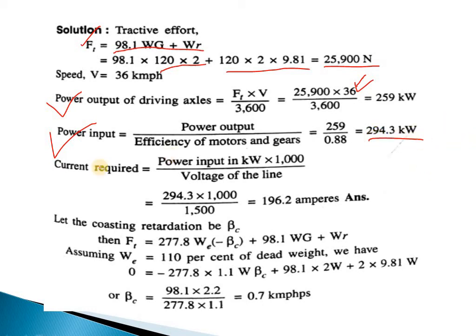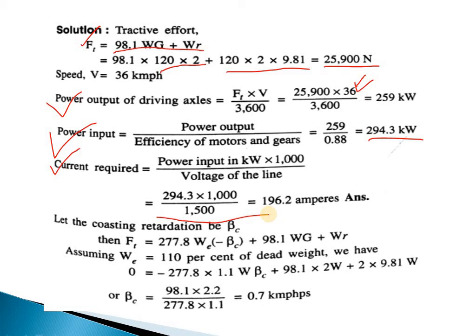Then the current required. The required current will be power input in kilowatt into 1000 divided by the voltage of the line. So it will be 294.3 into 1000 divided by 1500, that is 196.2 amperes. These are the currents required.